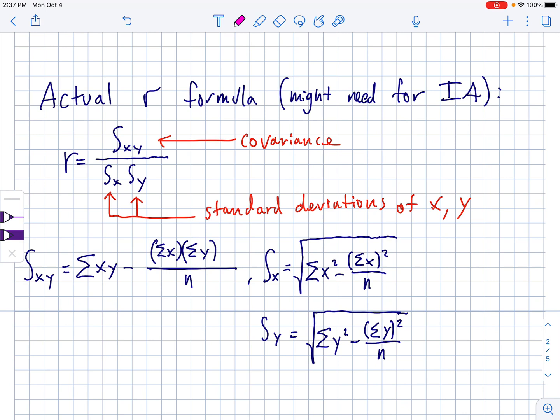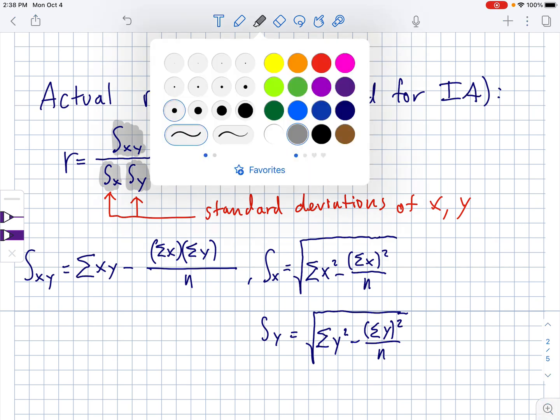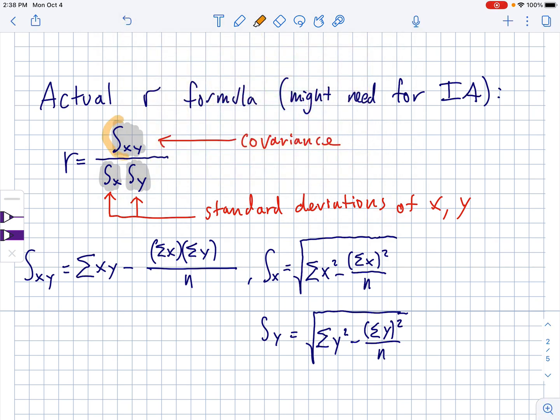Now, there is a formula to be able to find the R value to get like the 0.6 or negative 0.5 or whatever. It's covariance, which is S sub xy, over the standard deviation of x times the standard deviation of y. Let's color coordinate this. This whole top is this whole equation right here.